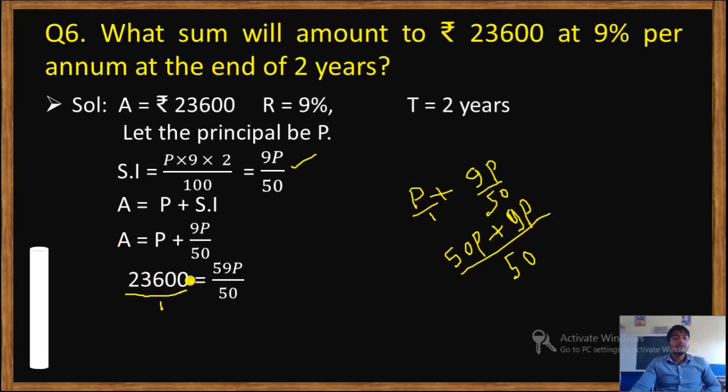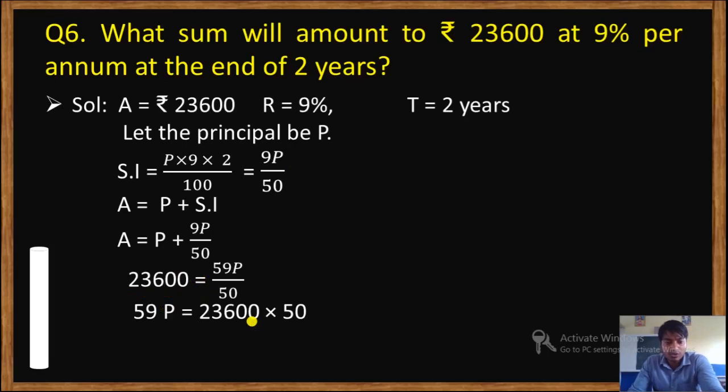Now what we have to do, we have to do cross multiplication, okay. Cross multiplication, that means 59p will be multiplied by 1, and this 23,600 will be multiplied by 50, okay. When you multiply 59p into 1, you will get here 59p and equal to, and when you multiply this 23,600 into 50, this will be like this.